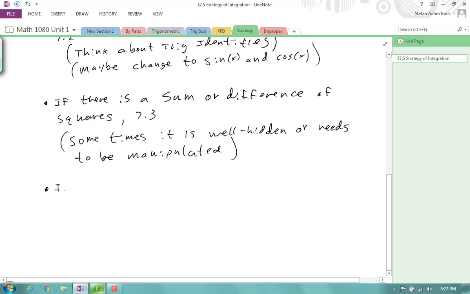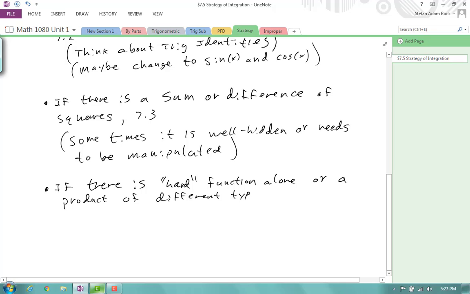Now, if I have a hard function alone, or a product of different functions, then we're going to be looking at 7.1 a lot of the time, possibly 5.5.